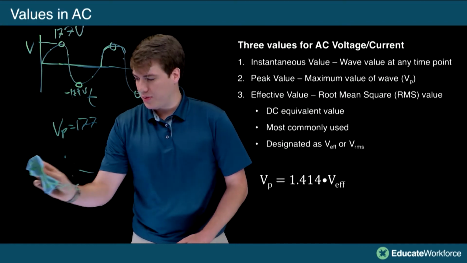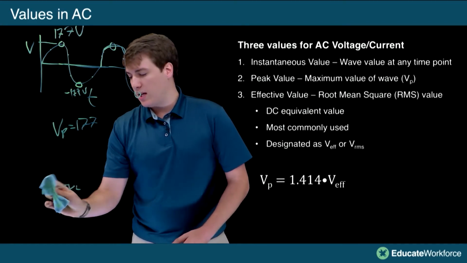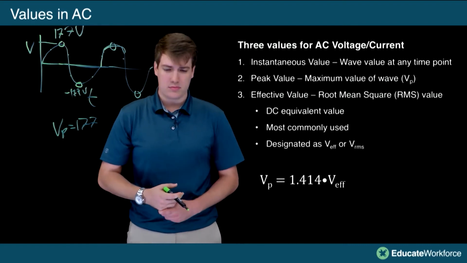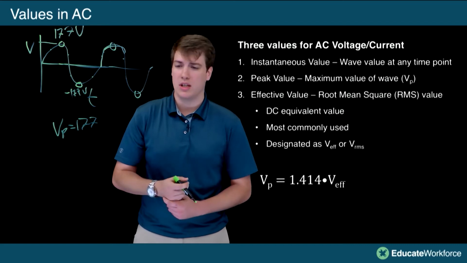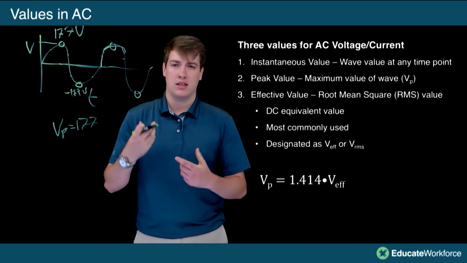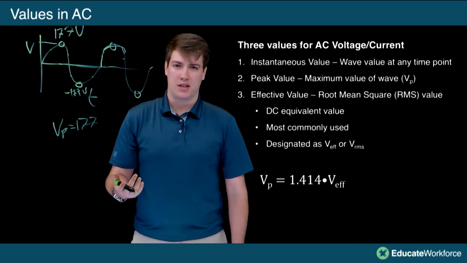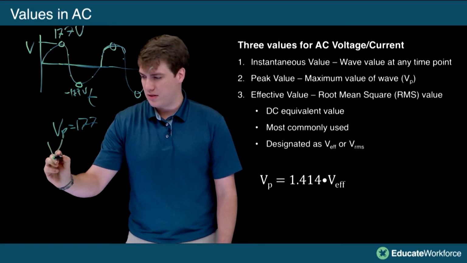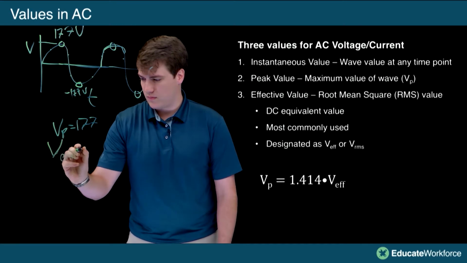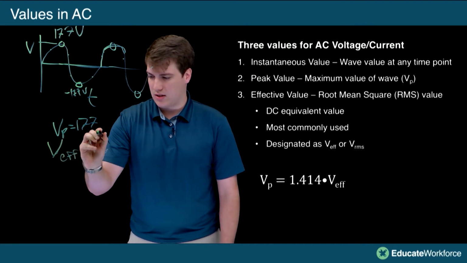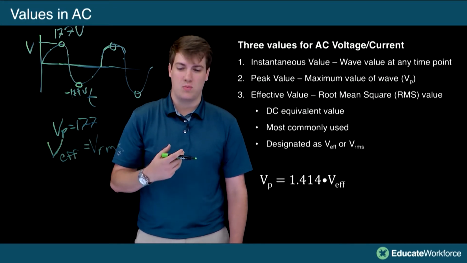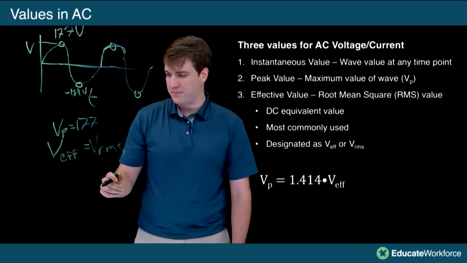So how do we calculate effective voltage? Well, generally it'll be given to us, but in the case that we're given peak voltage, we have a nice, pretty simple formula. It's just a scalar between peak voltage and effective voltage, or even RMS. Sometimes you'll see V effective written as V RMS. These values are the same. I'll explain in a second what RMS is and how we calculate it.